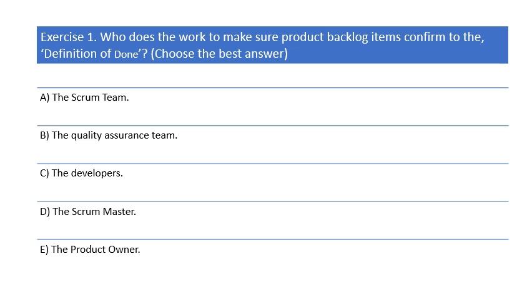Option B. The Quality Assurance team. Option C. The developers. Option D. The Scrum Master. Option E. The product owner. Let me know what option you have chosen.